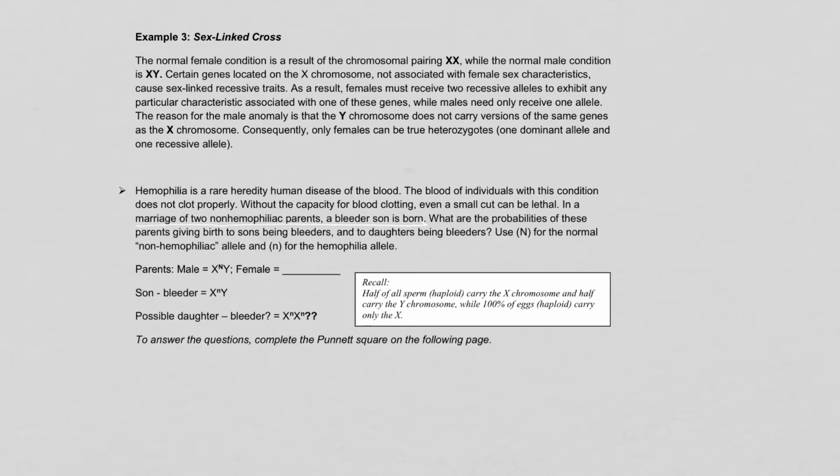So since it's recessive, if she is a non-hemophiliac, then we know that her genotype must be this. Since it's recessive, the normal allele is overshadowing it in her case. But then she's able to pass this version on to the son, who is a bleeder.